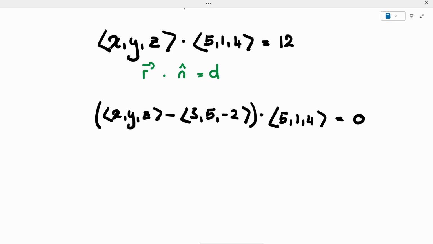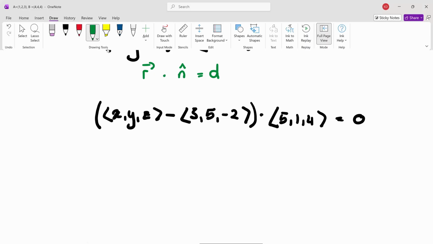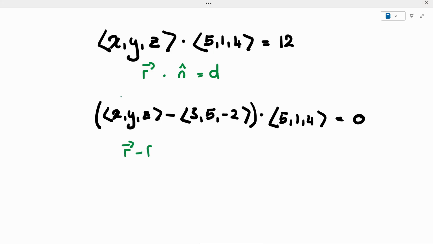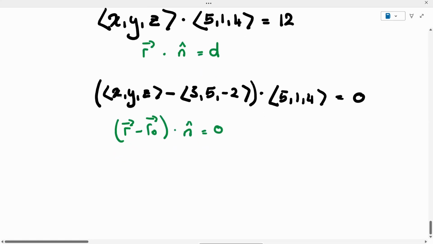So this one is R minus R0 dot N equals 0. So either vector equation form is fine, right? Whichever one you put in an exam, unless they specify, will be okay. Okay, so we know three different forms for the equation of a plane.